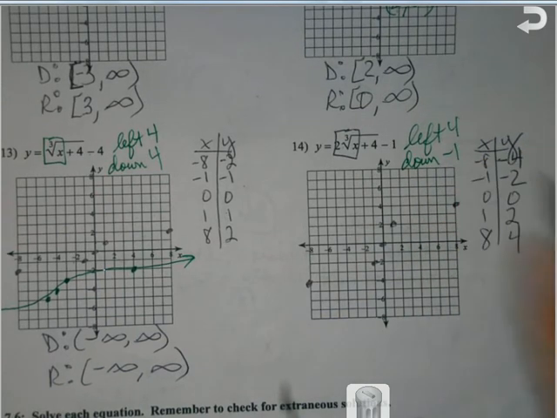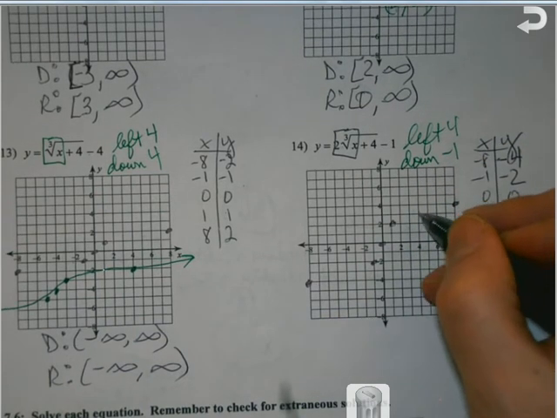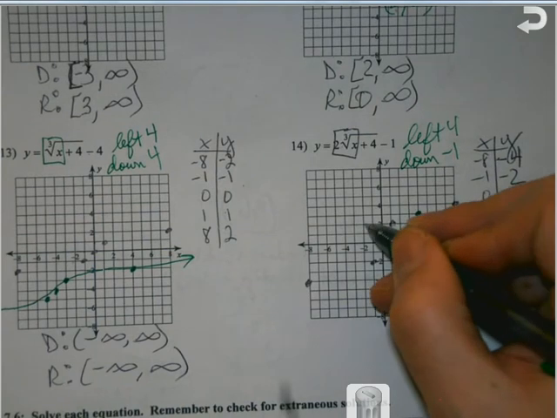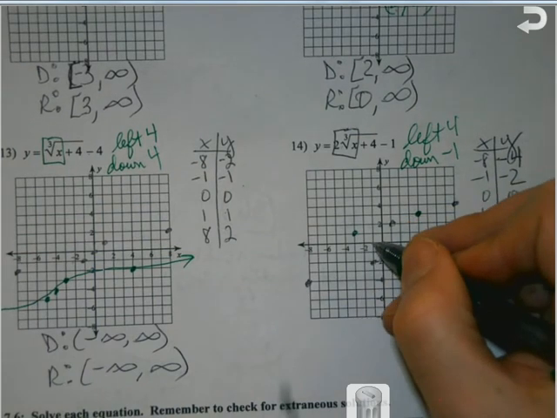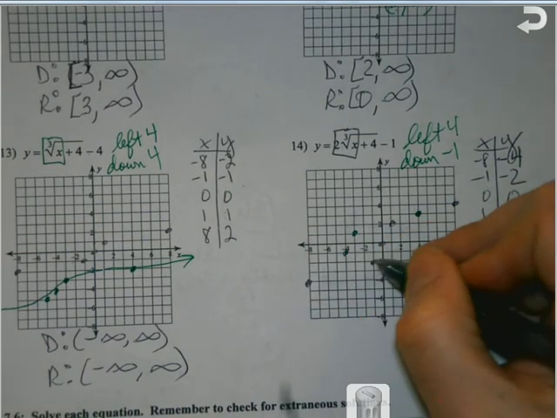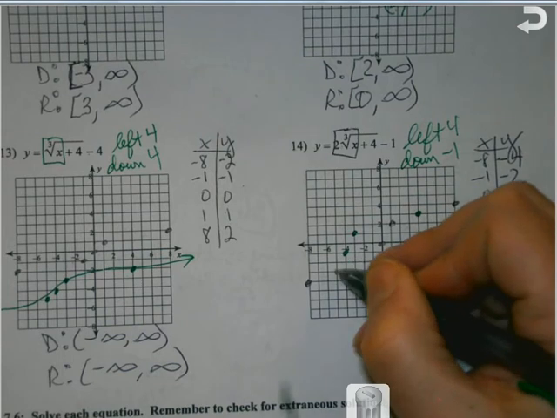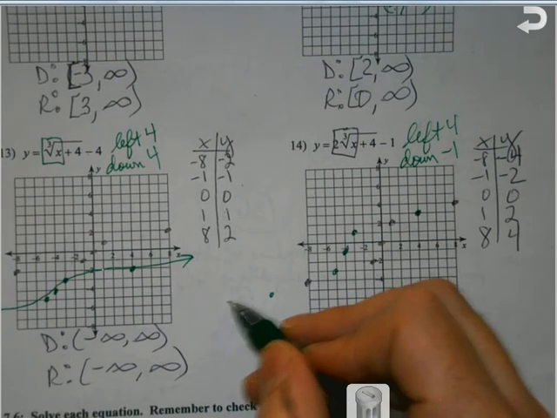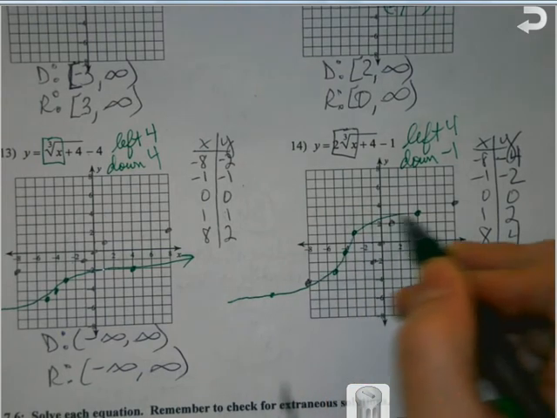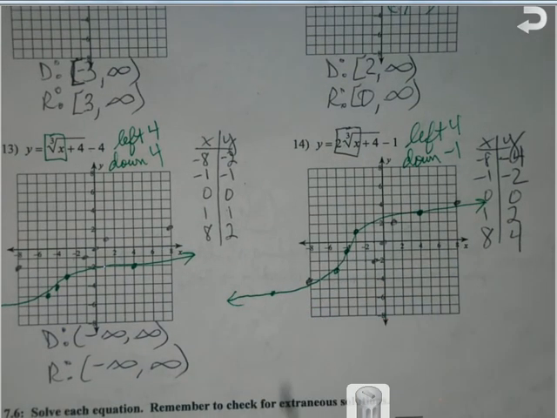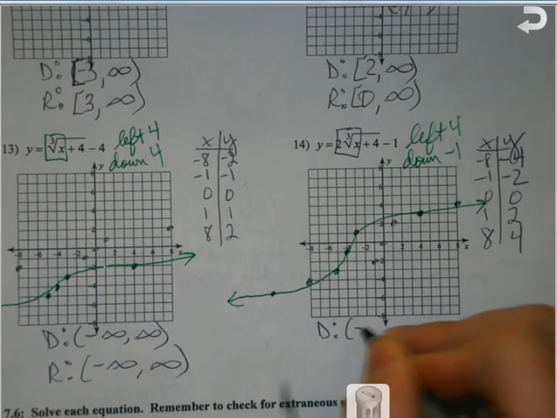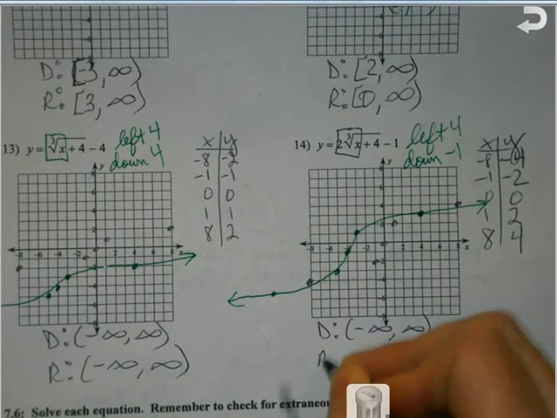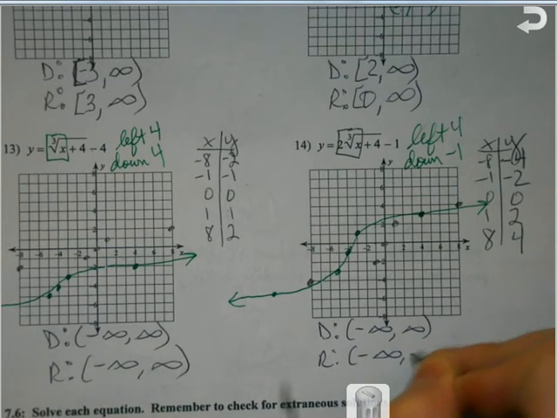Jeez. 1, 2, 3, 4, and repeat for each point. Way out now. And again, these arrows on both ends, unlike square roots, these do go forever. And I get my domain, and I get my range.